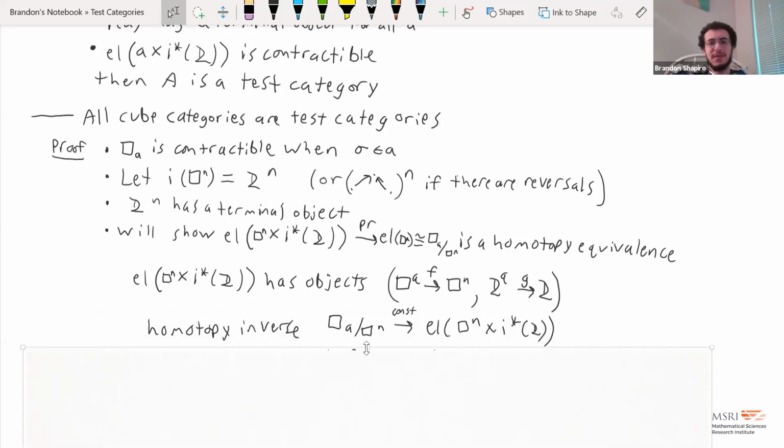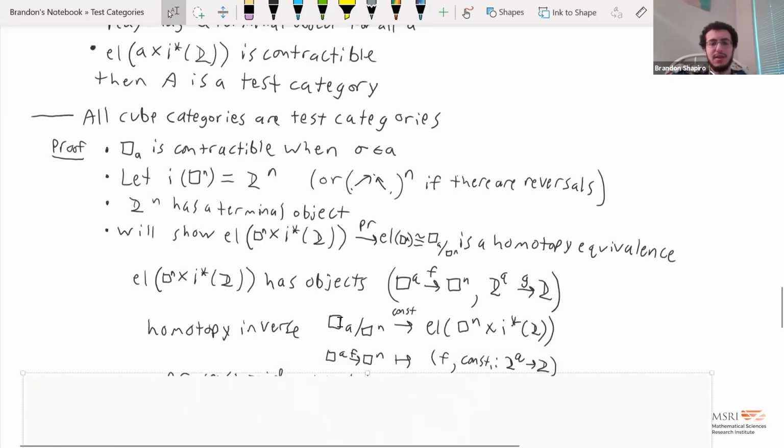So we have a homotopy inverse, which goes from this over category back to the category of elements, where if you have a map F from Q to N in the over category, that gives us F and the constant functor from 2 to the Q to 2, and it's constant at 1.